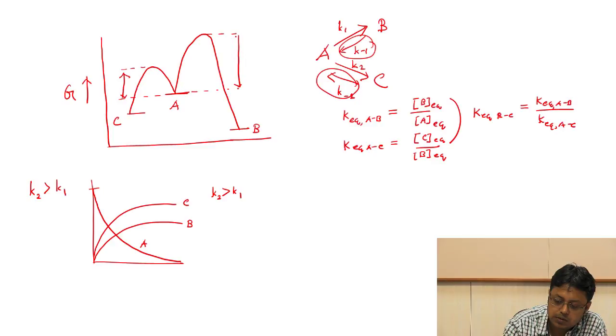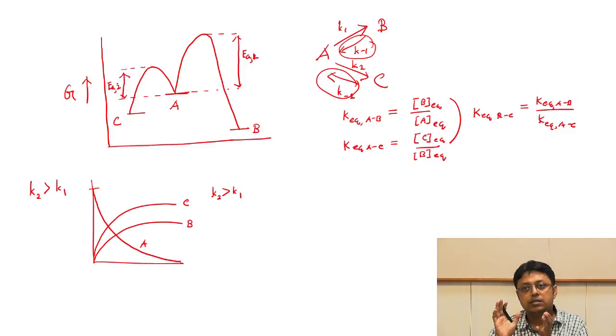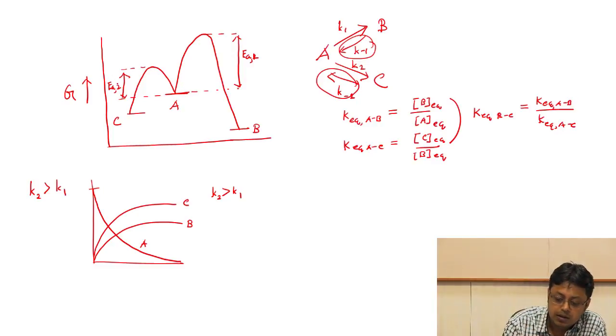So this is the activation energy for path 1, and this is the activation energy for path 2. Now you see that since the activation energy is smaller for path 2, K will be larger because it goes as e to the power minus activation energy. So this reactant can easily cross this barrier because the height of the barrier is smaller than this one.